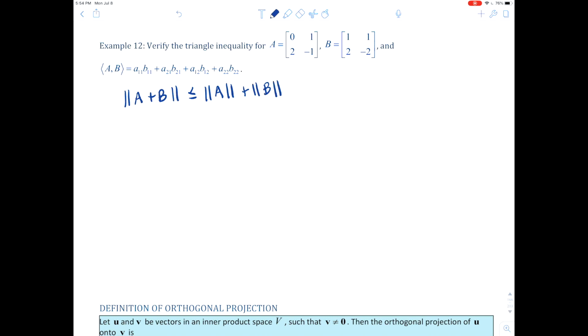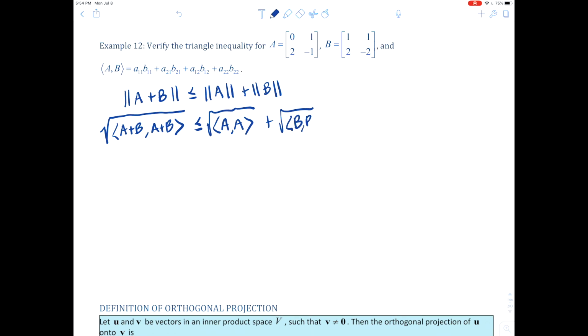All right, so here we go. On the left side, we're going to have the square root of the inner product of A plus B with itself, A plus B. And we want to see if that's less than or equal to the square root of the inner product of A with itself plus the square root of the inner product of B with itself.